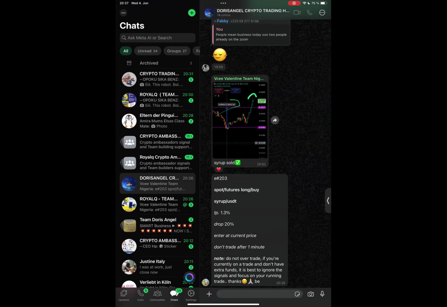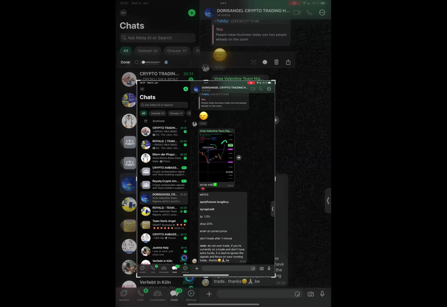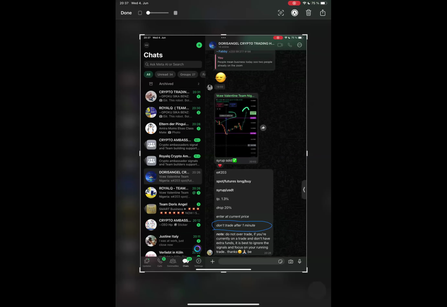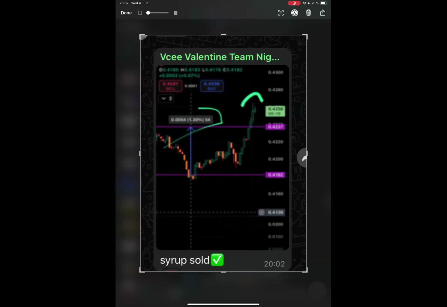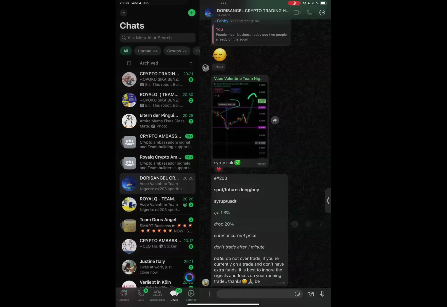Syrup again. Okay, great. So syrup sold. He has seen the opportunity again. But see, there is a caution. Don't trade after 1 minute because you might miss that window. You see, this is a coin here going up. You might miss that window. So that is why he said caution. Don't trade after 1 minute.